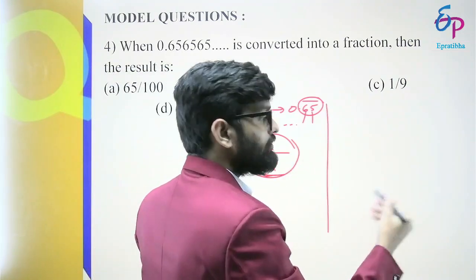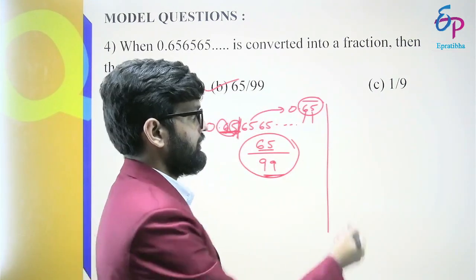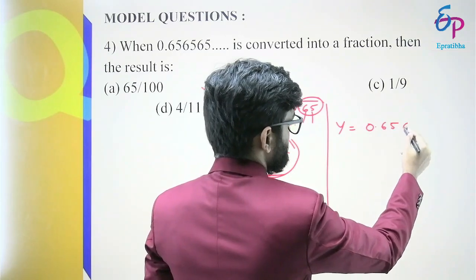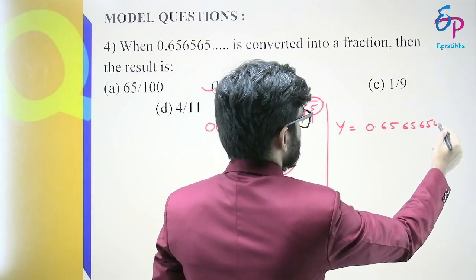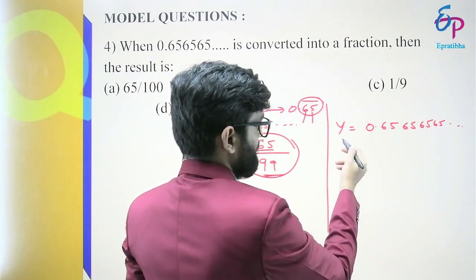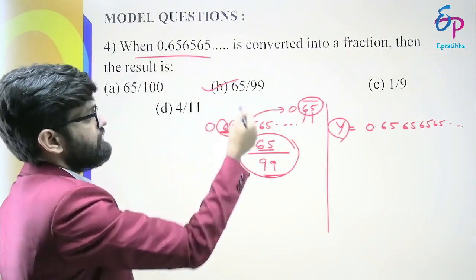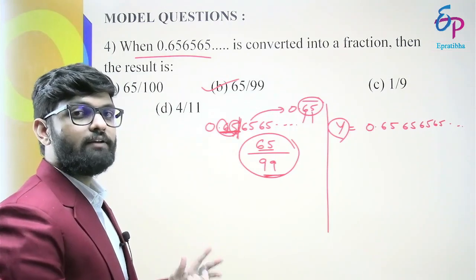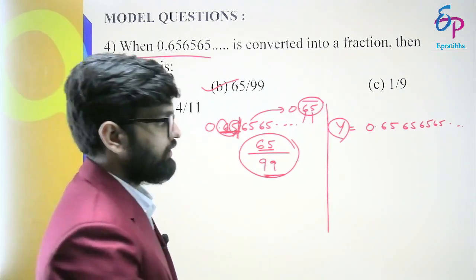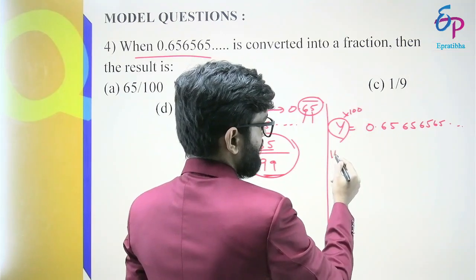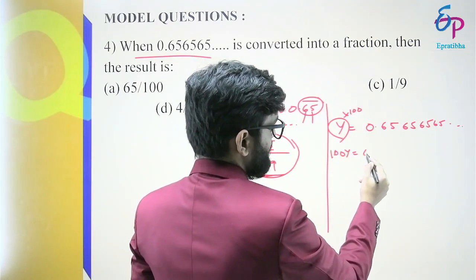Now, if you want to solve it the logical way, I mean the lengthy way, you can look here: 0.65, 65, and so on. Suppose we take this number as y, and they are asking us to convert this into p by q form, right? Let us convert in the traditional way. What is this traditional way? Just multiply it by 100. Why I am multiplying by 100, you will understand in one second.